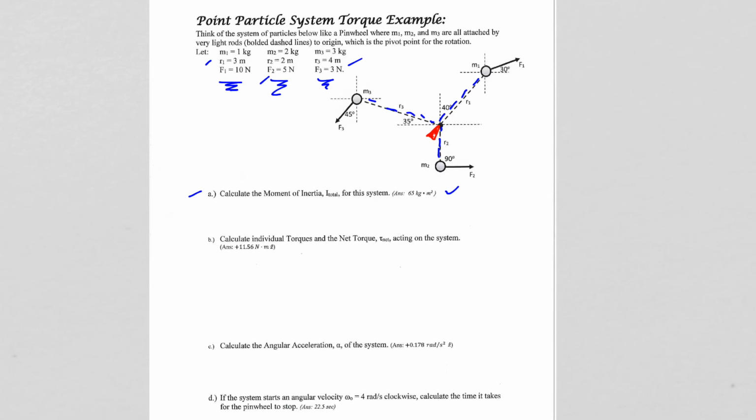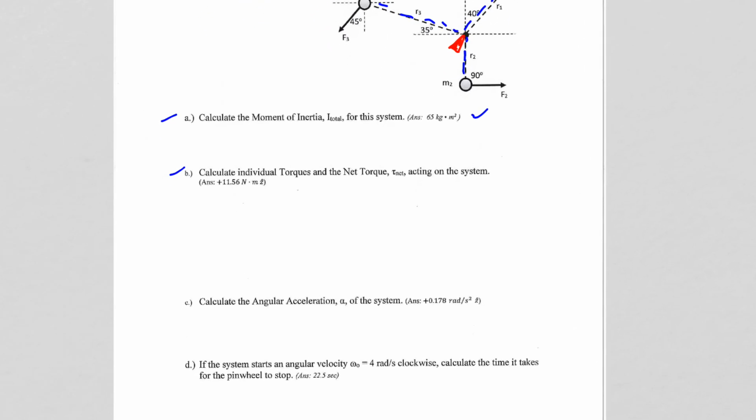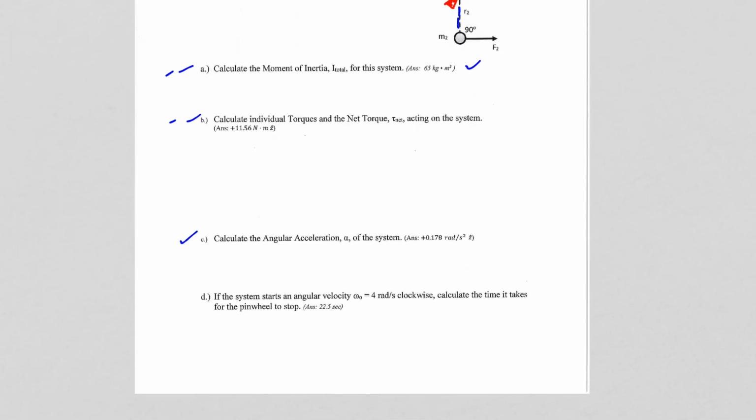You are then going to calculate the individual torques, r cross F. You're going to calculate the angular acceleration because torque equals I alpha. We now know the torque, we know I, so we should be able to get alpha. Once we have alpha, we can use our constant acceleration equations, hopefully, to calculate the last part of this question.